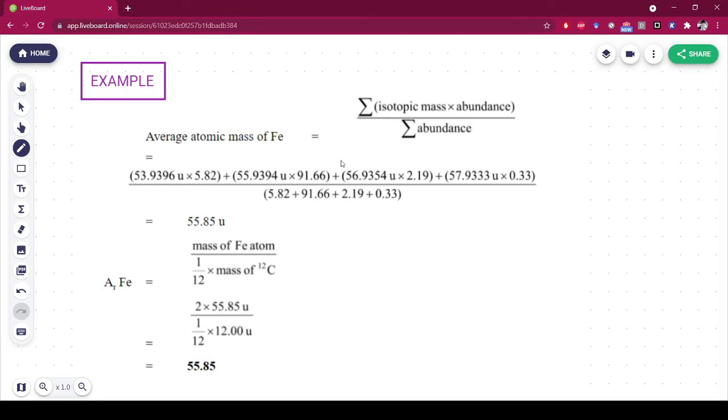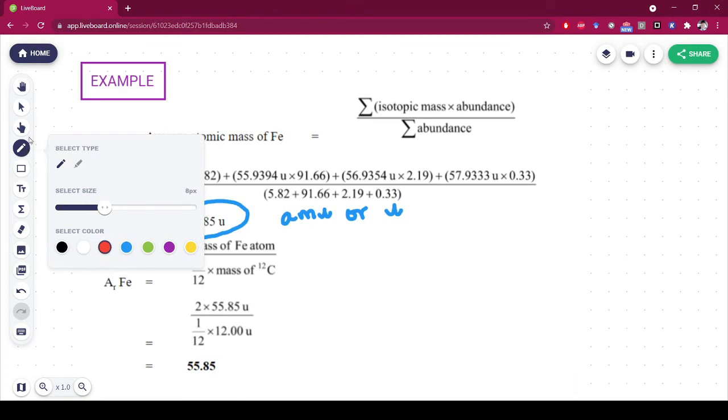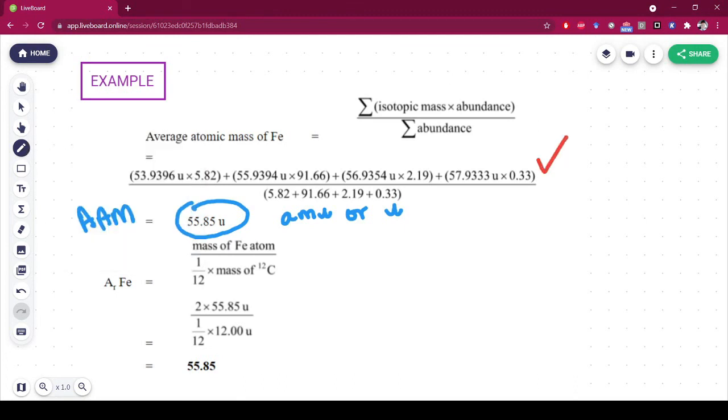You substitute all the values over here, and then you will find the average atomic mass 55.85 with the unit u. Remember, the units for average atomic mass, you can use AMU or you can use u. Still the units. So for doing this, of course, you're going to have 1 mark for the substitution and 1 mark for the correct final answer.